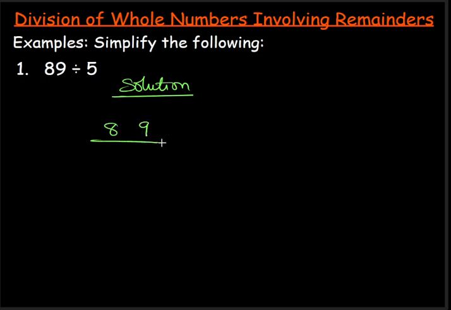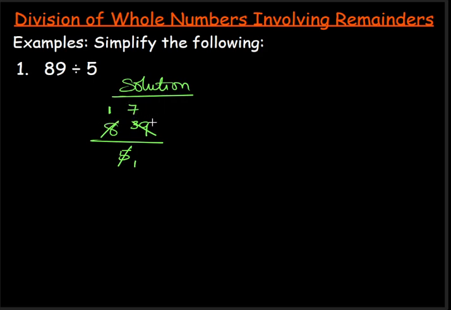89 divided by 5. 5 into 5, 1. 5 into 8, that will be 1 remainder 3, which will attach here, making this 39. 5 into 39, what is before is 35, so that will be 7 times.